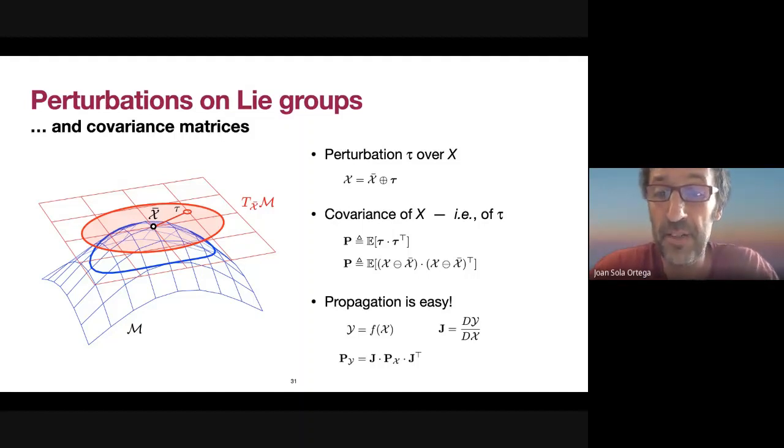And then propagation is just easy. It's the same thing you do in vector spaces when propagating covariances through nonlinear functions. But you use the Jacobian left and right multiply, and then you get the new covariance. Okay, that's about this slide.